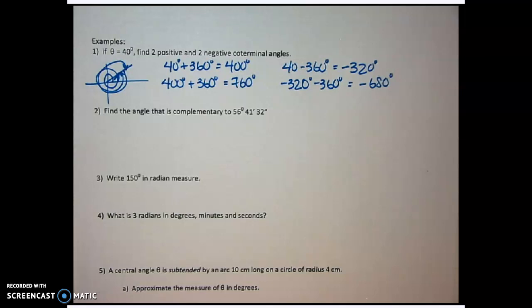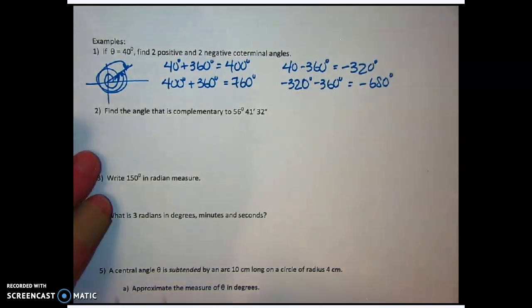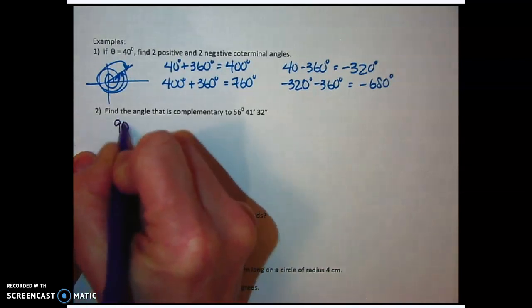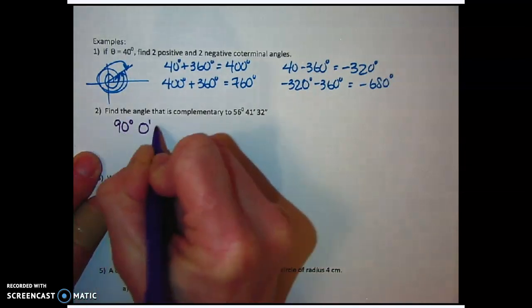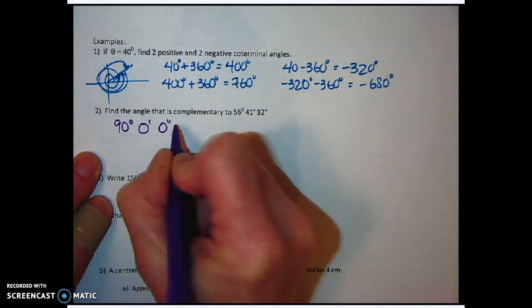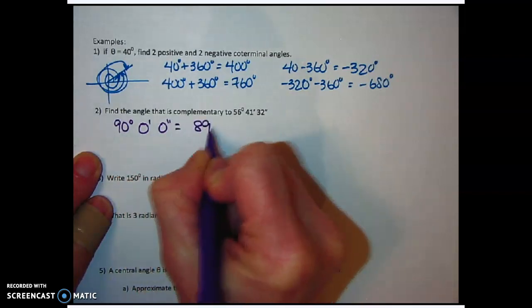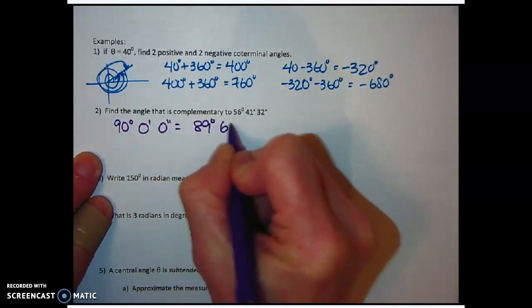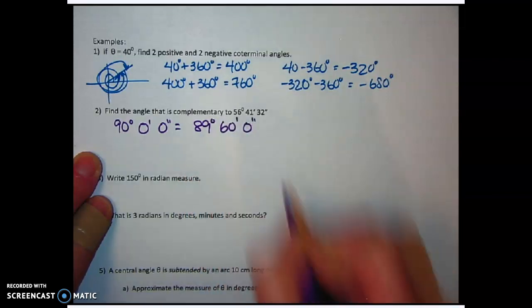To find the angle that's complementary to 56 degrees, 41 minutes, 32 seconds, remember complementary angles need to sum to 90 degrees. So we basically need to subtract this from 90 degrees. So I have 90 degrees, 0 minutes, and 0 seconds. That's equal to, if I borrow one of those degrees, 89 degrees and 60 minutes and 0 seconds.